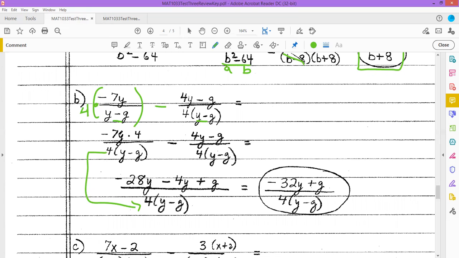So -7y times 4 gives us -28y, minus 4y, and then minus, remember that's two negatives, that becomes plus g. This -28y minus 4y, we combine those two terms together, that gives us -32y plus the g, and in the denominator, we keep 4 times y minus g, but this is our answer.